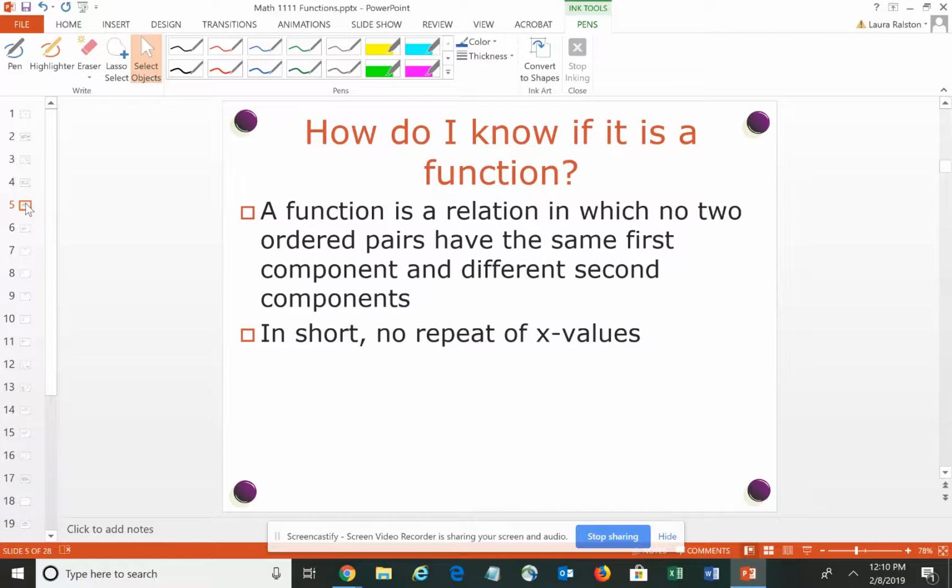And we'll look at some examples in a little while that will maybe help you make sense of what that definition is saying. Basically, if you put it in good old everyday language, we're saying there's going to be no repeat of the X values, that every X value is paired with an individual Y value, and there's no repeat in the X values.